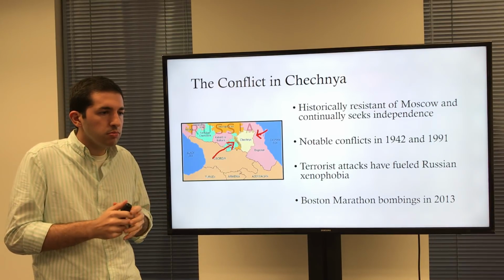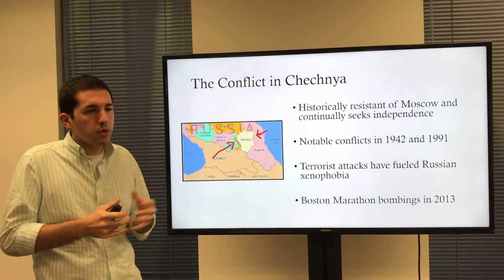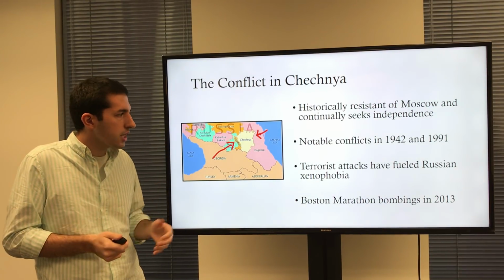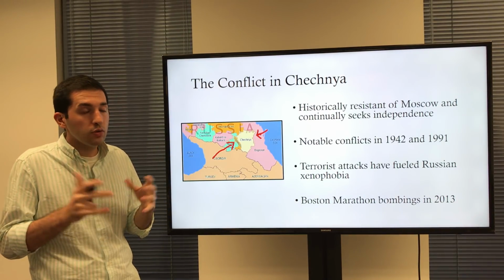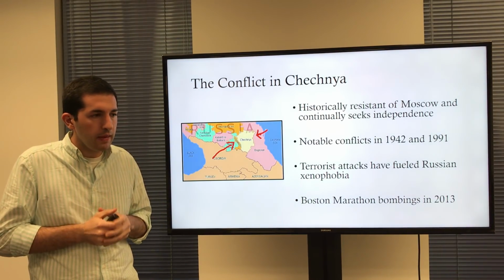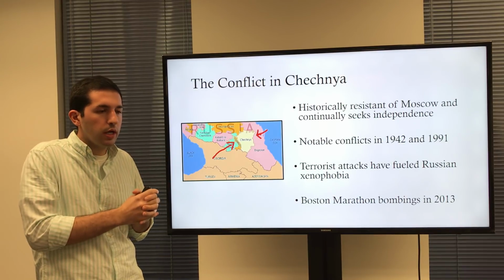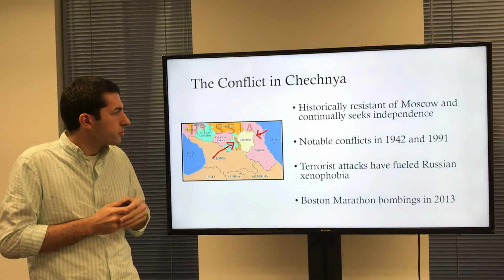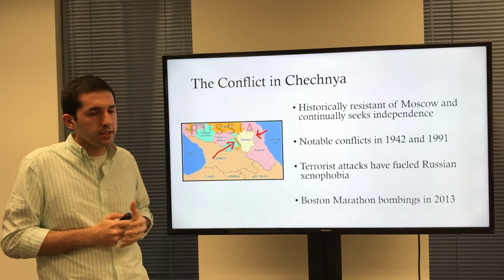They continue to act out and to protest this, again, to remain resistant to Moscow. Terrorist attacks have fueled Russian xenophobia in this area and, more generally speaking, toward those from the entire Caucasus region.